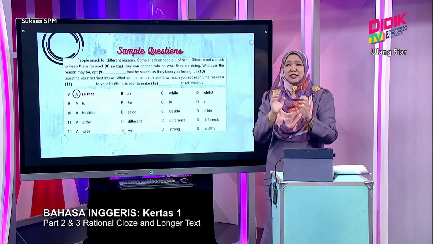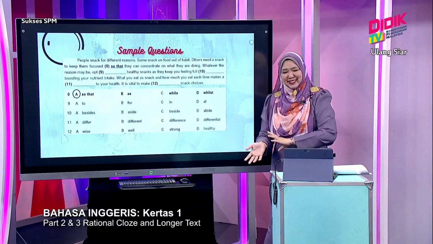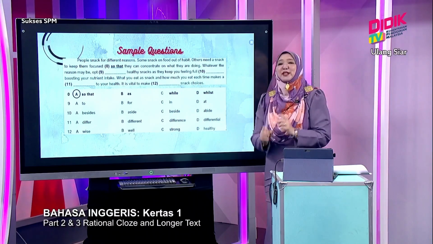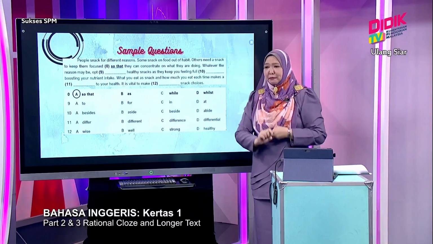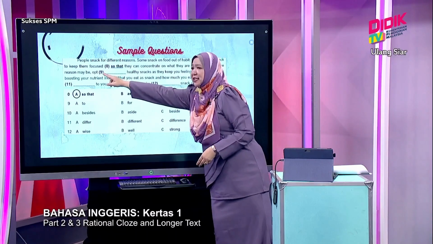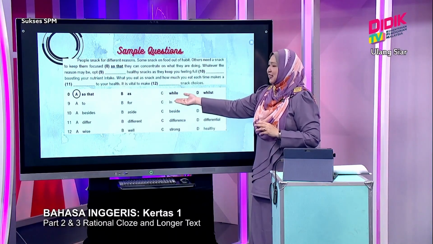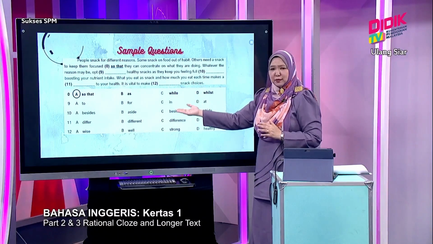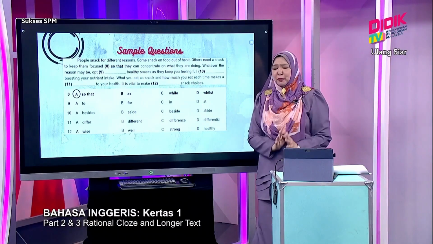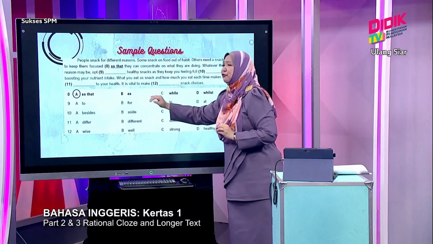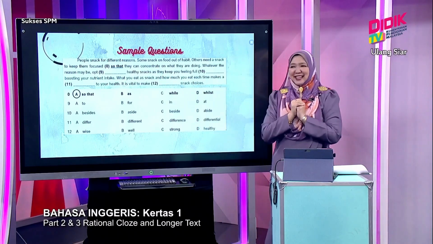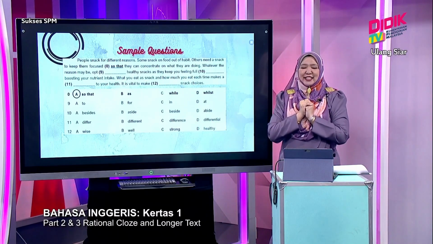Now what is a phrasal verb? Verb plus preposition. So the verb here is opt. So what is the preposition for opt? The most appropriate one is opt for healthy snacks. So we need a phrasal verb there.